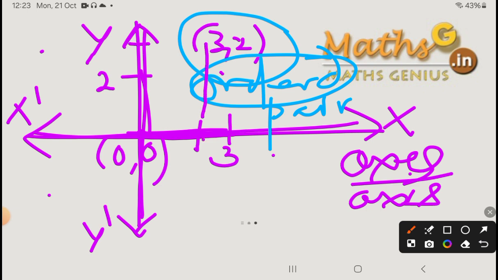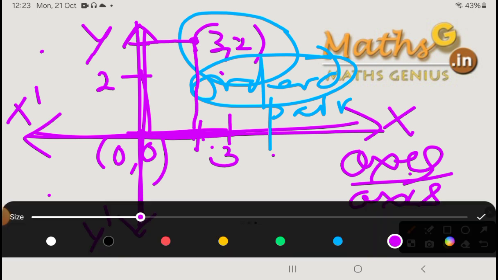You reach here. We are talking of this particular point, and before this we were talking about this particular point. Correct? So traveling 2 centimeters on the x-axis and 3 centimeters on the y-axis, you get this point. So that is (2, 3).